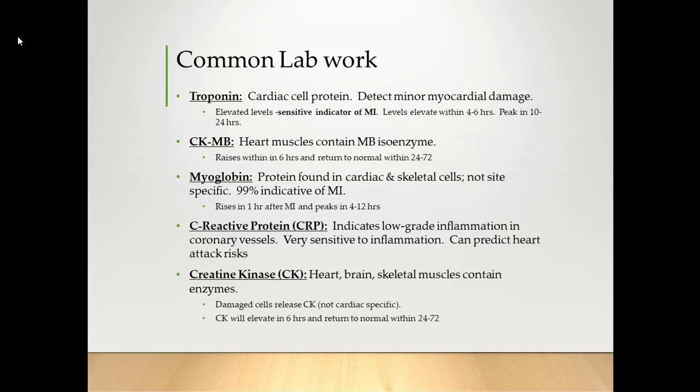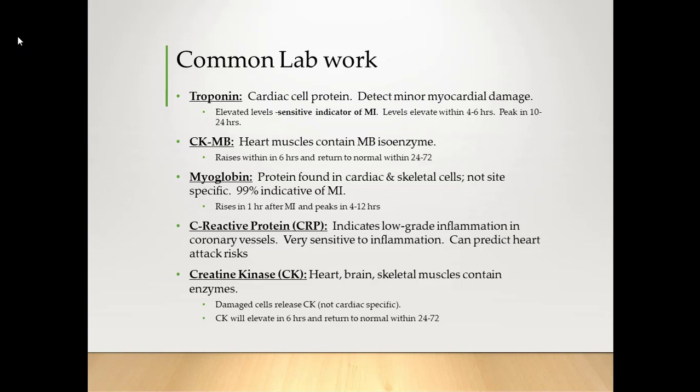So, going back to the CK, like I said, I apologize. I've got more extensive notes, just an FYI. We have the CK, which just tells us that there's muscle disease or damage, not specific.